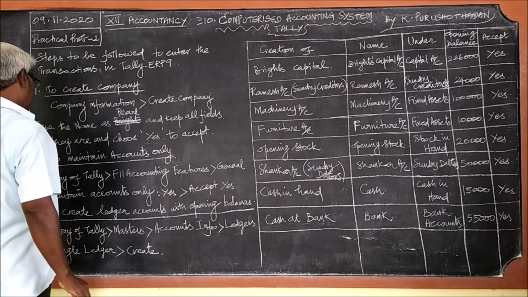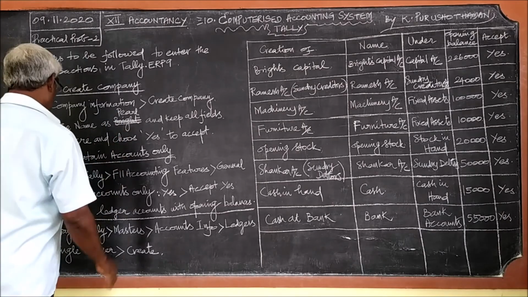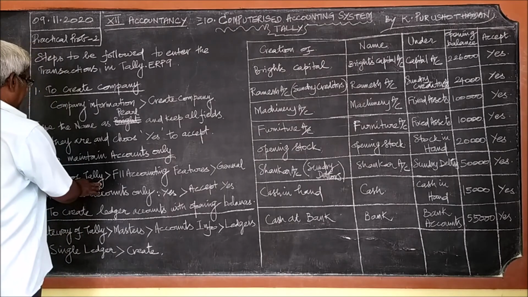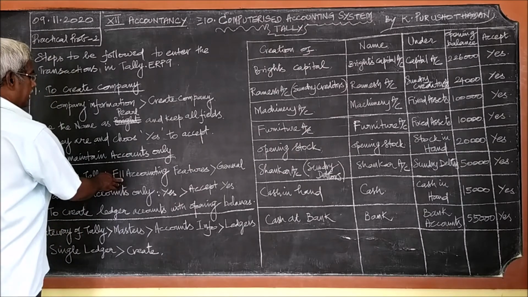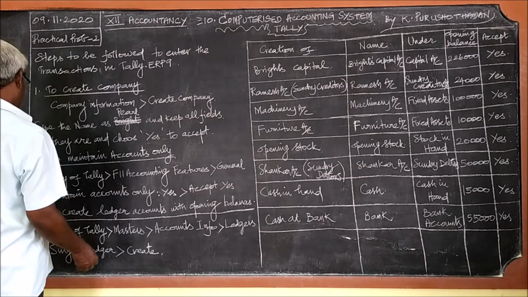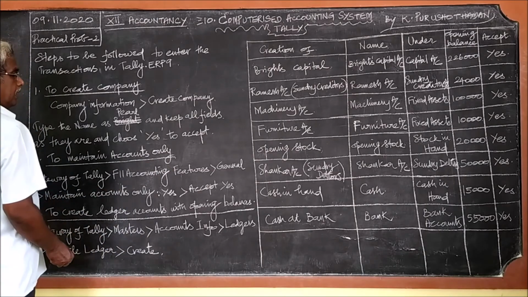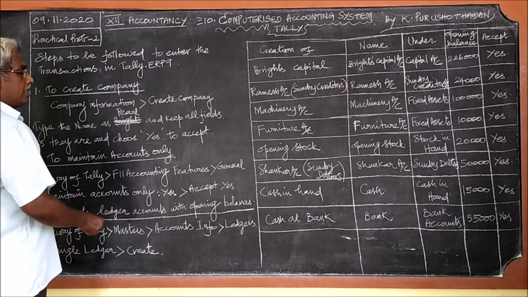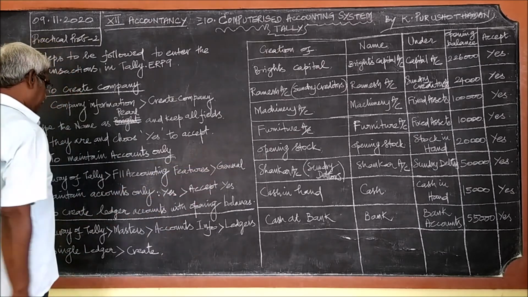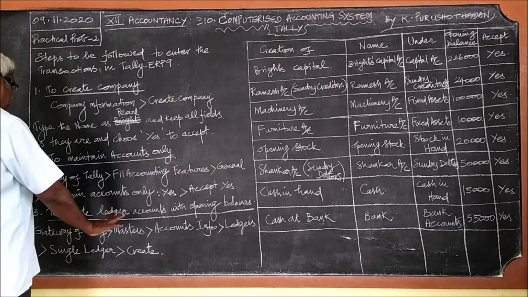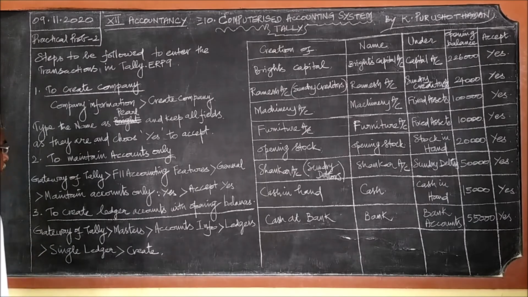The same thing. Then the second one, to maintain accounts: Gateway of Tally, use the key F11 accounting features, then go to general, then maintain the accounts, then say yes. Then since the process is over, you can say accept yes. Then the third one, to create ledger accounts with the opening balances: go to Gateway of Tally, then to masters, then accounting information, then create ledgers.